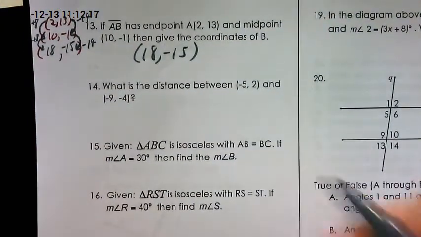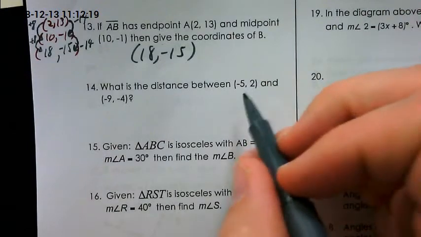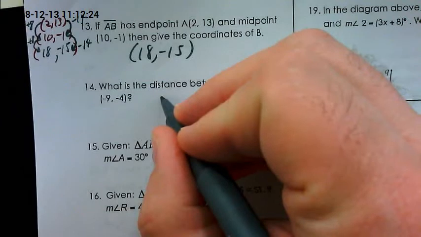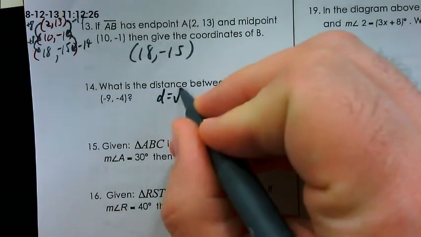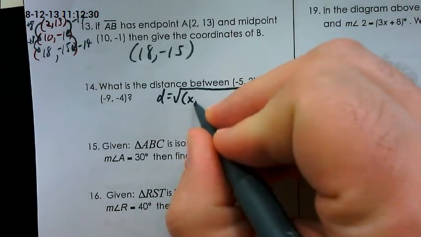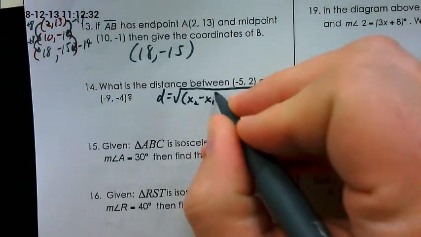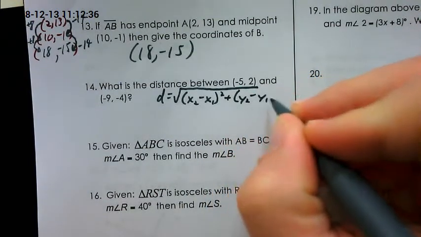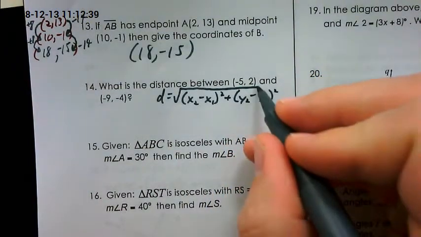On number 14, what is the distance between these 2 points? So you have to know your distance formula. Distance formula is D equals the square root of (x2 minus x1) squared plus (y2 minus y1) squared.